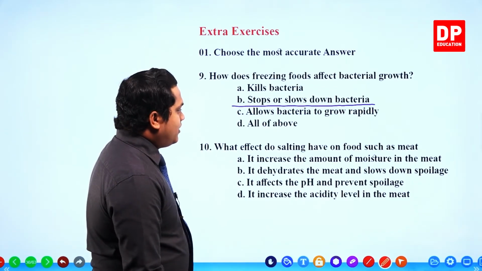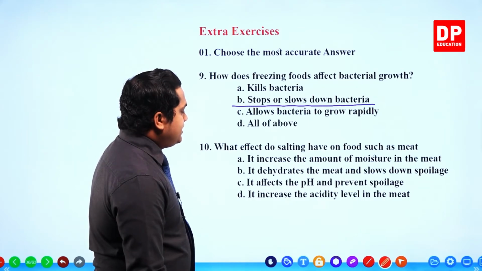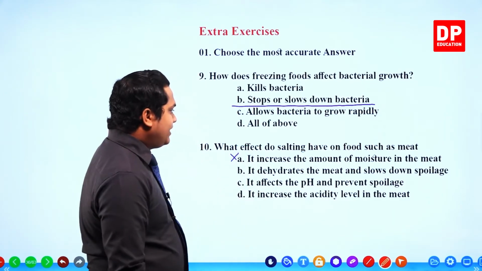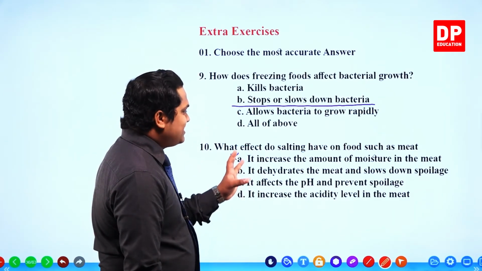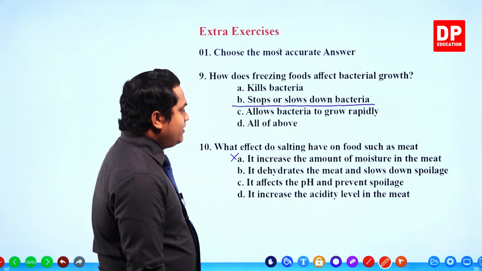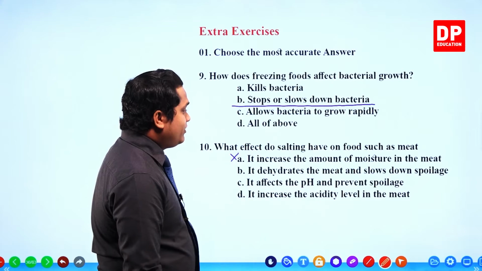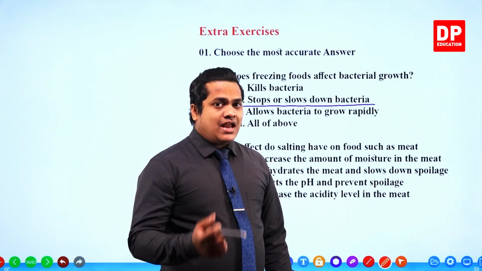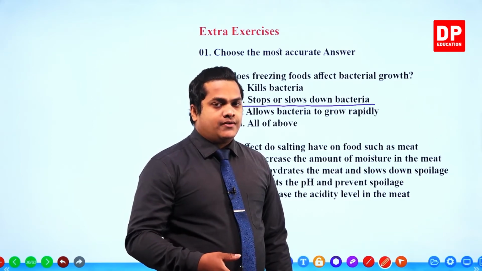What effect does salt have on food such as meat? It increases the amount of moisture in the meat. It is incorrect. It's not going to increase, but it is going to decrease the moisture level, because salt has a special ability to absorb water.